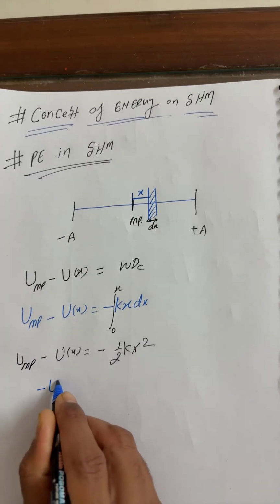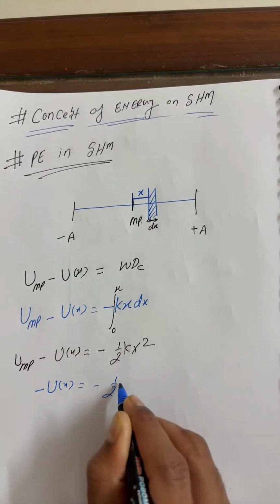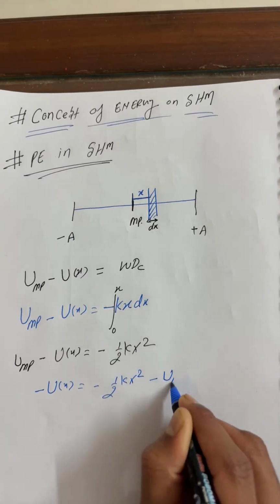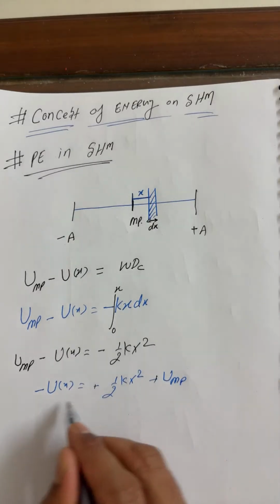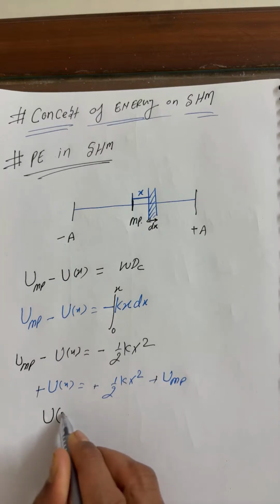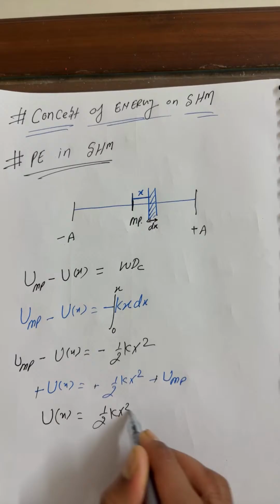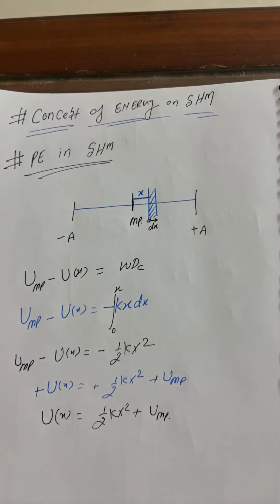Just subtract the mean position term on the right side. You can write U as a function of x equals minus kx squared minus U at mean position, and the minus sign cancels. So finally you can write, my dear, U as a function of x equals half kx squared plus U at mean position.